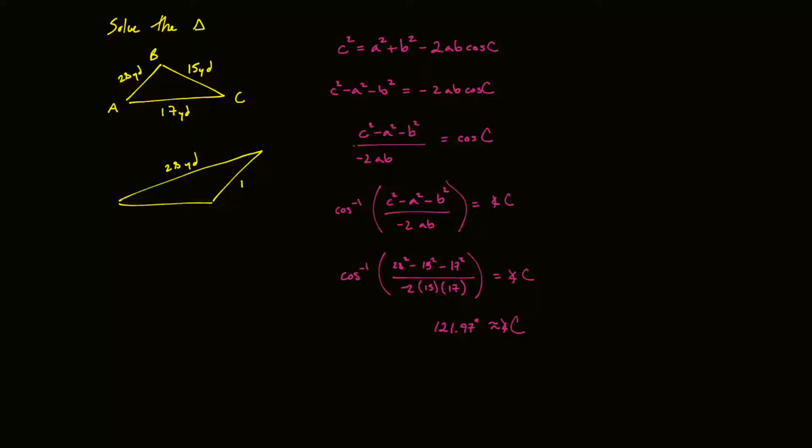Let's see, I'll make this 15 yards and 17 yards. And this is A, B, C. And type this in as I'll just round it 122, just for the sake of space. Alright, so let's keep filling in the blanks.